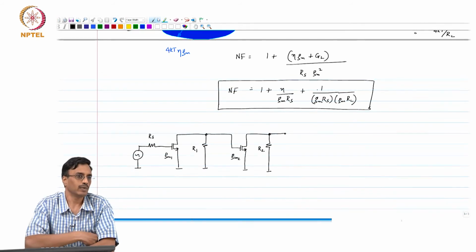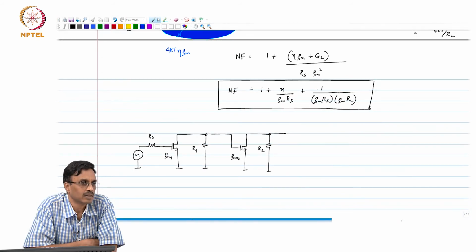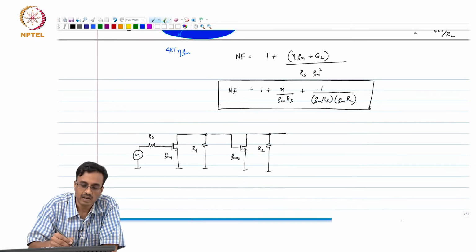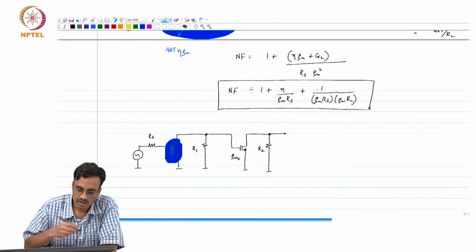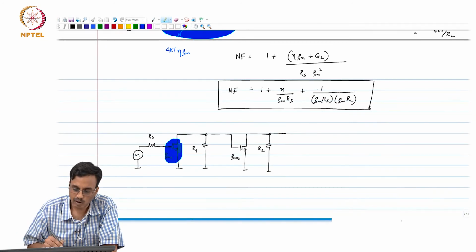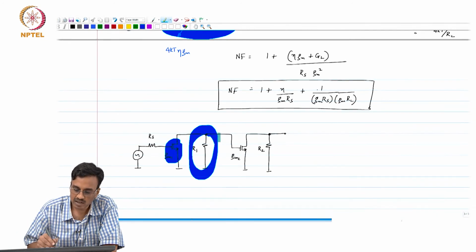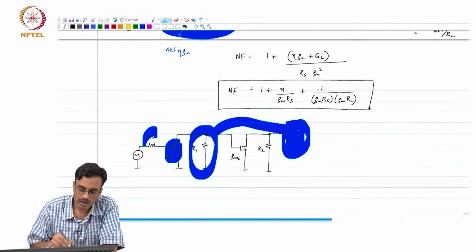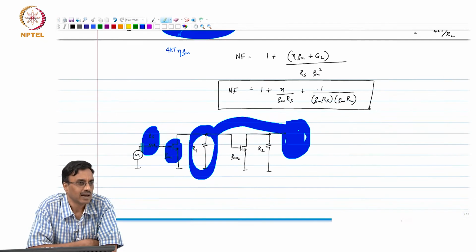Why? Intuitively, why does it make sense? Any noise added by the transistor, the noise current, is now converted into a voltage that is further amplified. So, a lot of the noise here will be due to GM1 and RS.